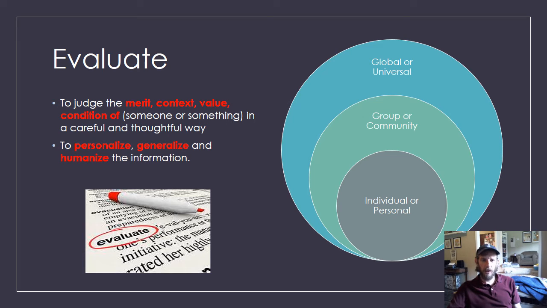And we do this to understand, right, why something means what it means to me, to my group or community, or more globally. That's the evaluative part. So when we say, okay, what's the E, right? Evaluate this artifact, this event.